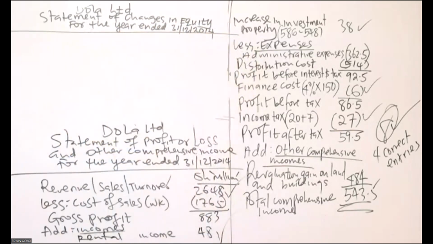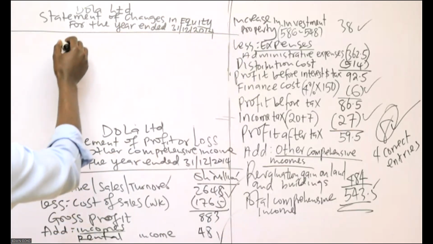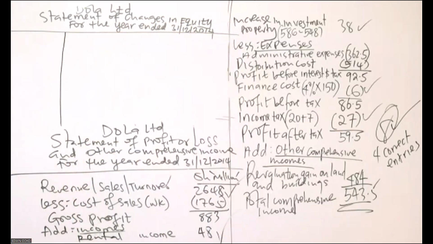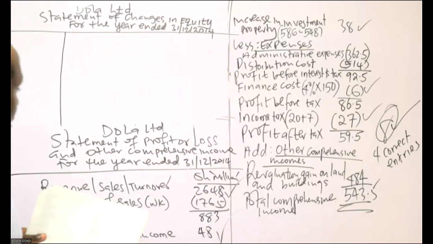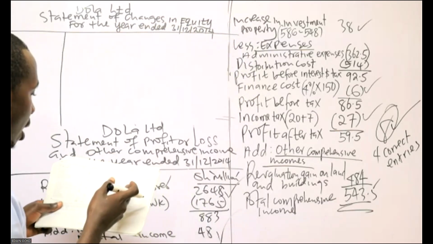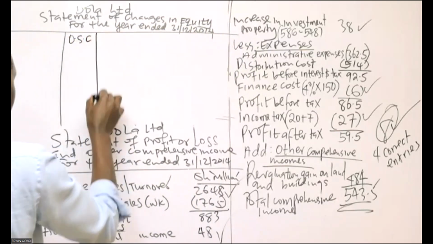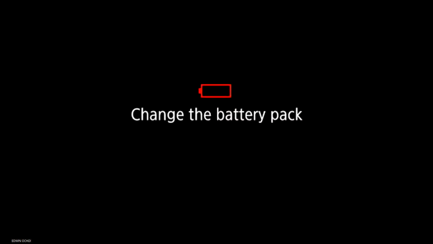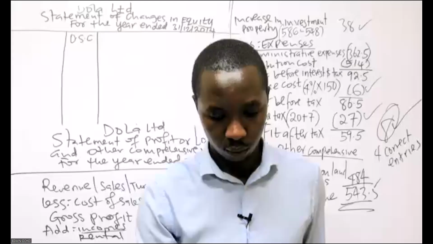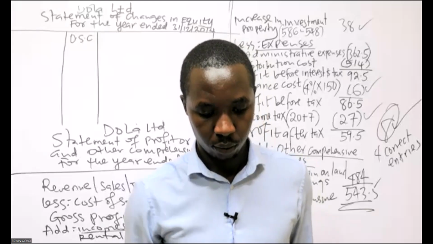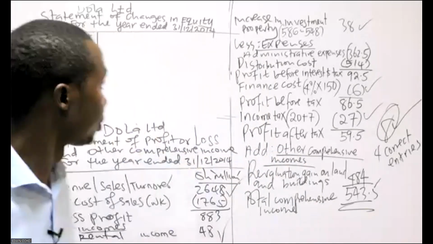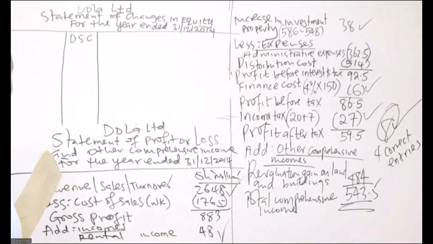So some of the equity components we have is all about ordinary share capital. So you take from the trial balance. So the equity items you have, we have ordinary share capital. I can write in short.